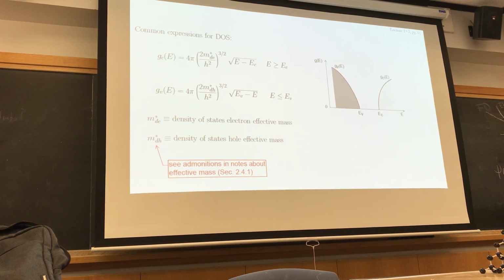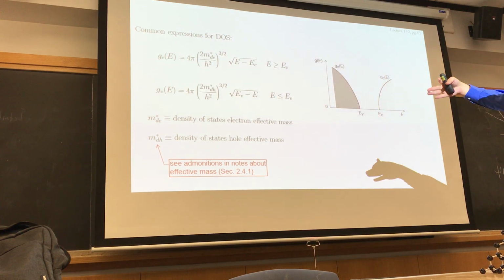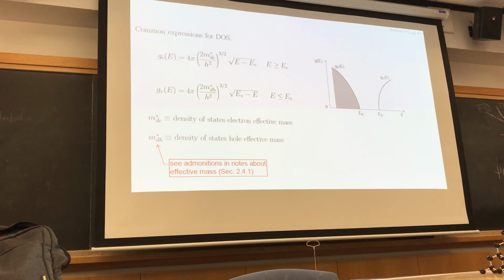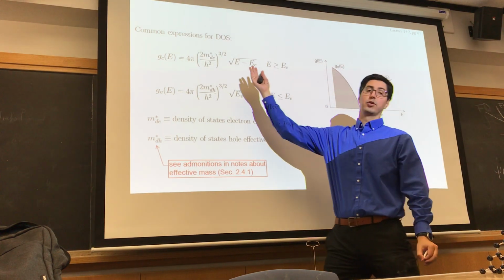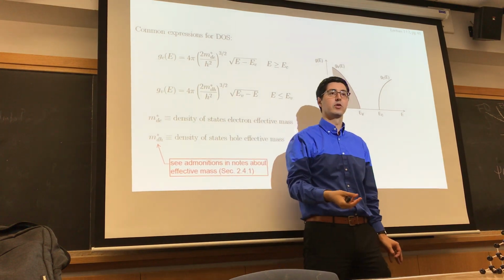Because the last thing I told you is that my spacing of K is set by my crystal size. Those are the waves that fit in my crystal. They're periodic with the crystal size. So these are set. As I change my effective mass, I have a different number of states per unit energy. Larger effective mass, more states. When I do this in 3 dimensions, I get this 3/2 power of mass.